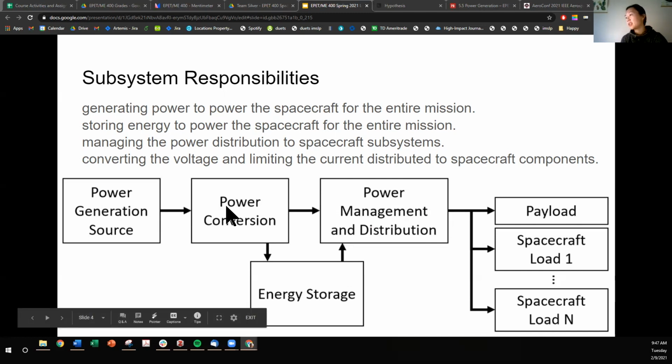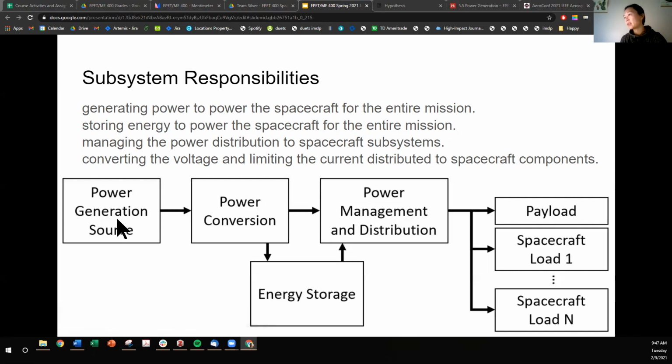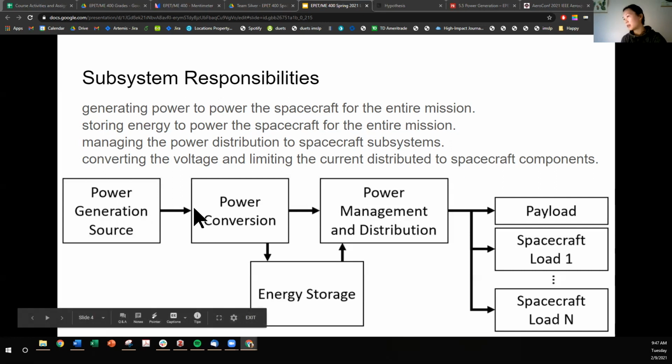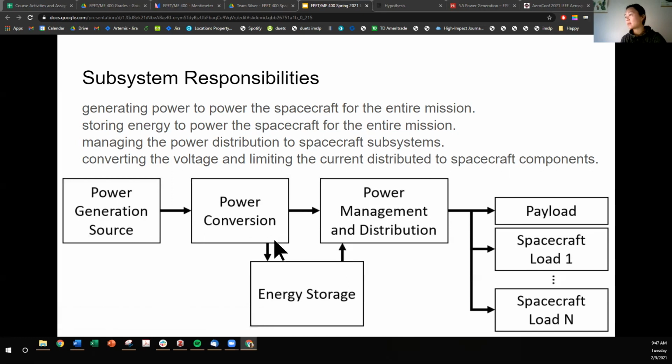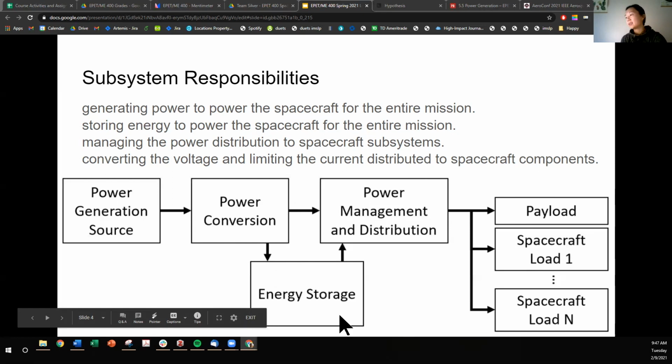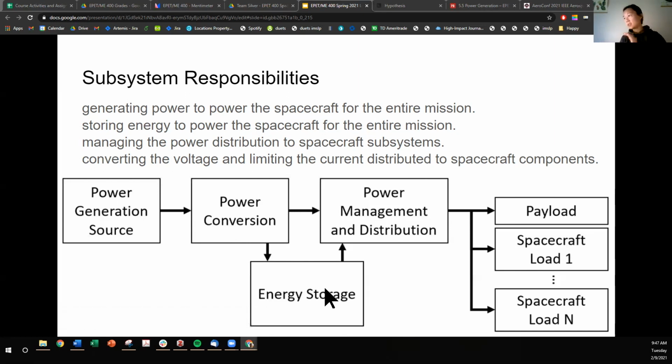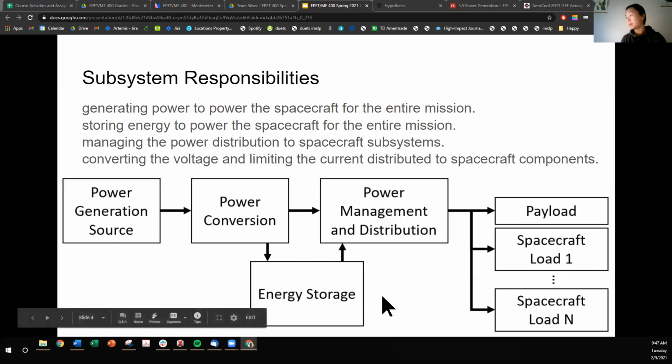This power conversion, power can either go directly to the spacecraft down the line, or if the spacecraft doesn't need power immediately, it can be stored in some kind of energy storage. Energy storage is the accumulation of power. So remember that power is the time derivative of energy. Those two things are distinct, and I want to make sure you talk about it in the right way and think about it in the right way.